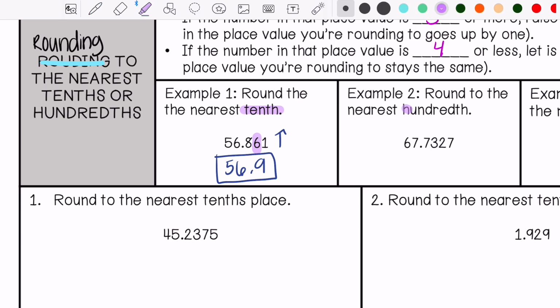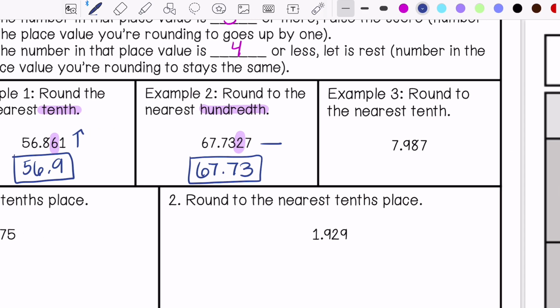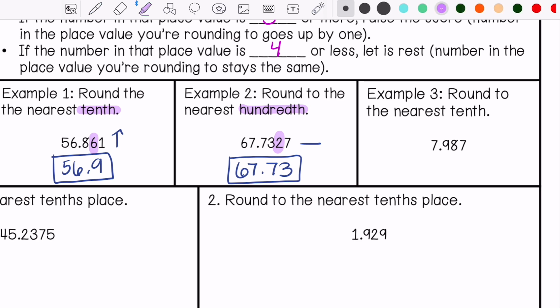Round to the nearest hundredth, I look at the thousandths place. This is 4 or less. Let it rest. So this is 67.73. Round to the nearest tenth, I look at the hundredths place. This is where we have that situation where it goes up and I round to 8.0.